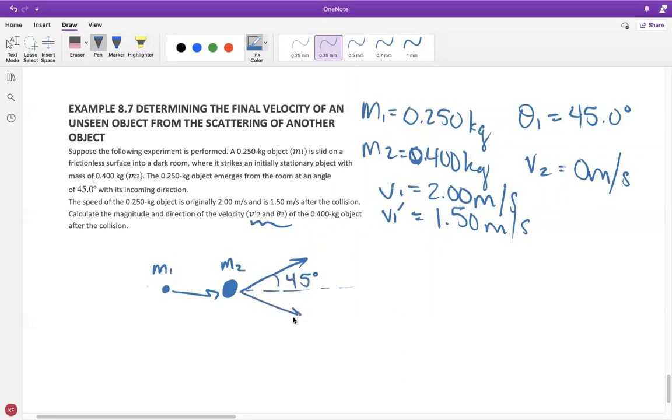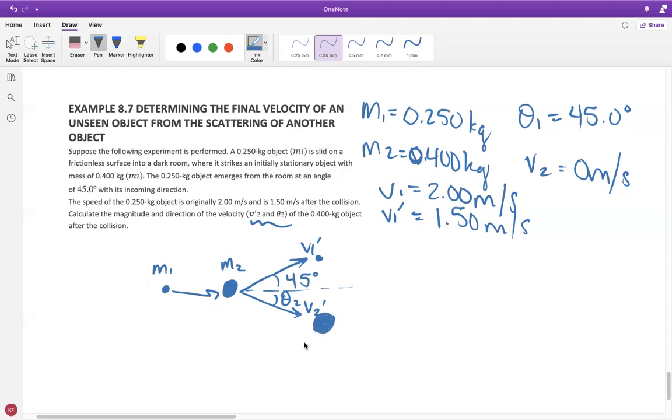And then we want to know what this angle is, theta 2, and the velocity of this second object, and what happens to that second object.